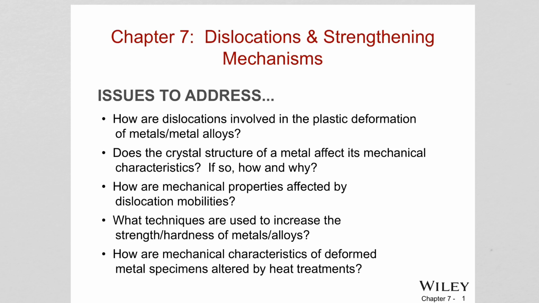How can I increase the strength and hardness? And after that, we're gonna see we can also change mechanical properties by heat treatments, and how heat treatments affect the properties.